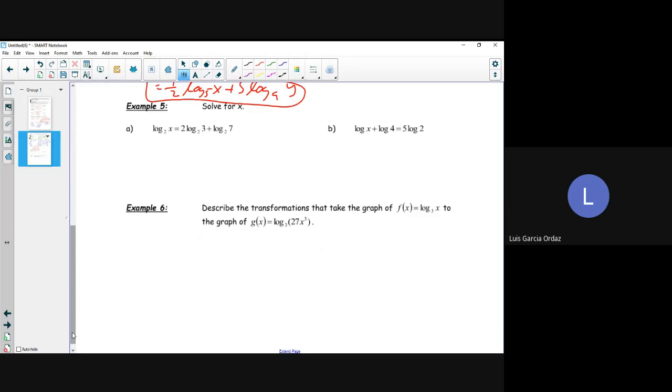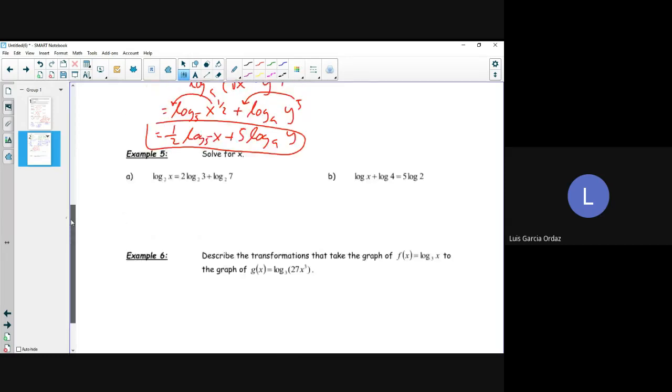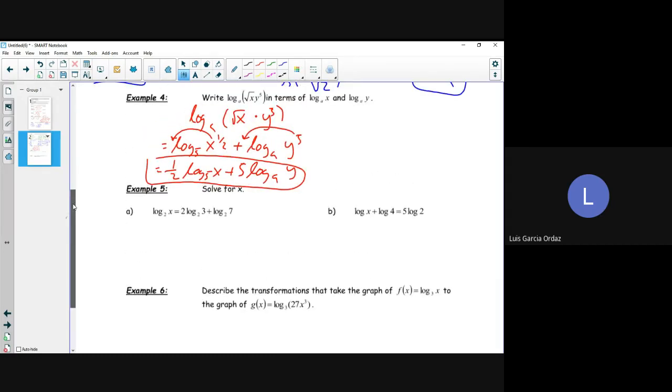So we have log base 2 x is equal to 2 log base 2 3 plus log base 2 7. So we need to use the, oh, I meant to write log a.